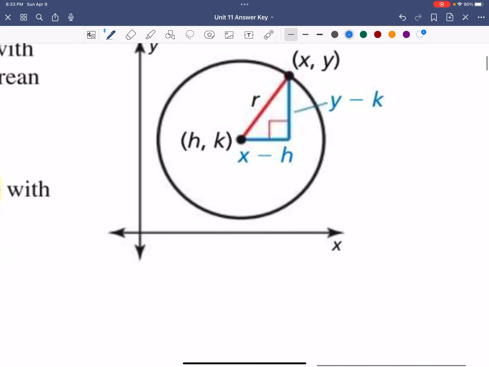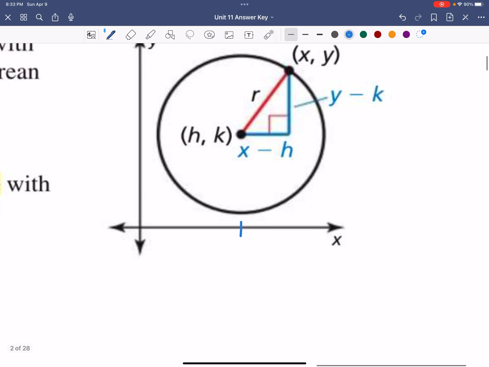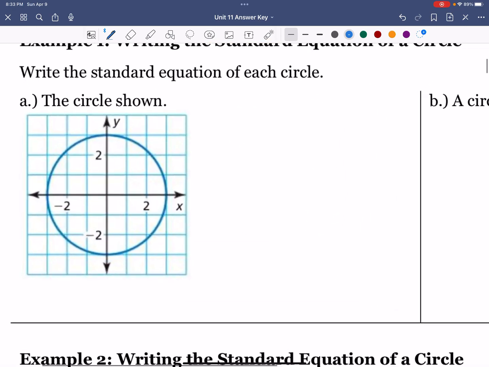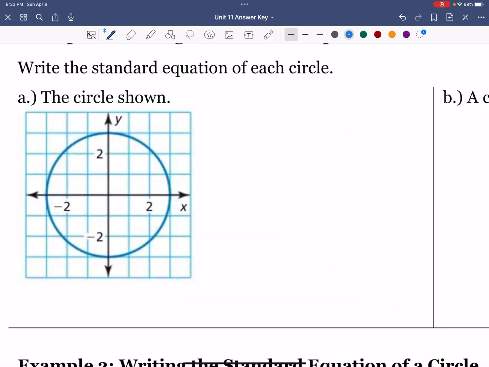And what I mean by h, k is if we say that this is 3 and this is 4, my center point here is at 3, 4. So h is actually the x value of the center point, and k is the y value of that center point. So from here, I'm going to go ahead and create my lovely equations of my circle.